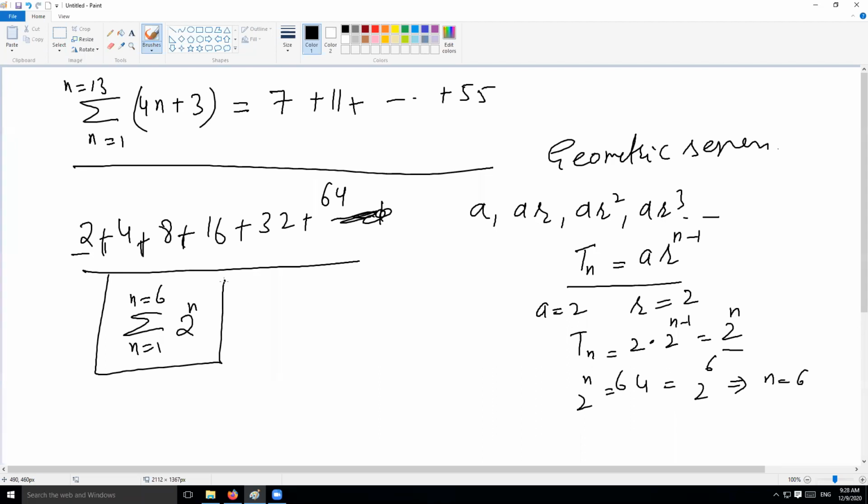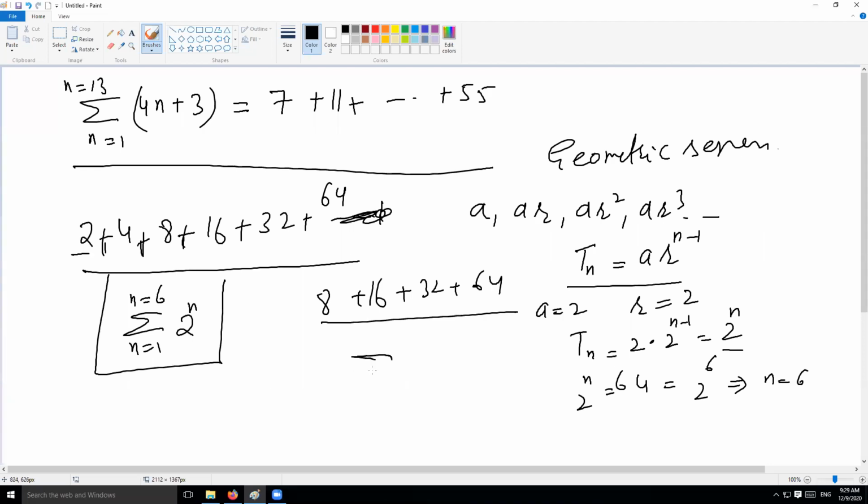Yes, sir. What if this series would have started from 8 plus 16 plus 32 plus 64? What if the sum would be this? How are you going to write this in compact notation?